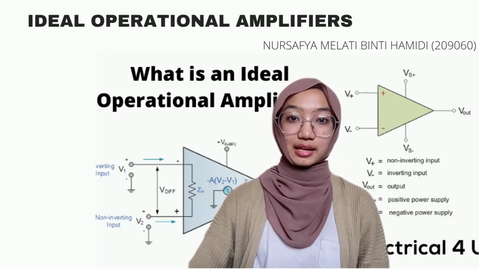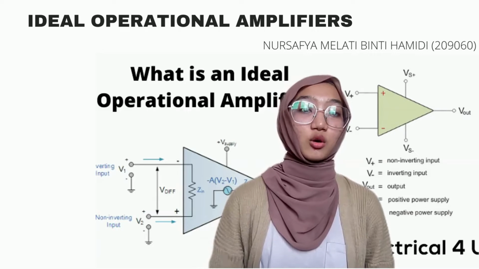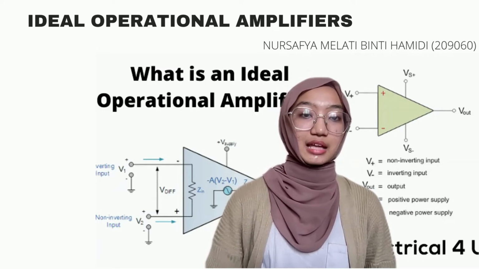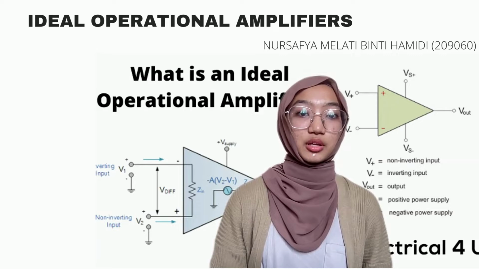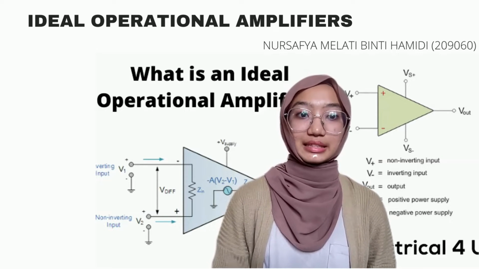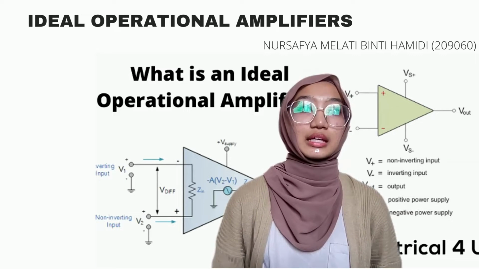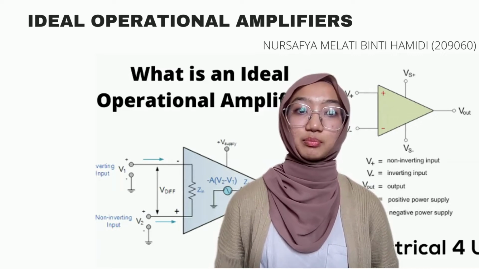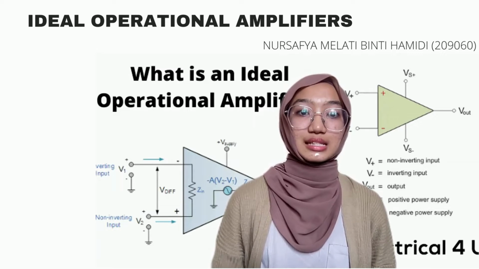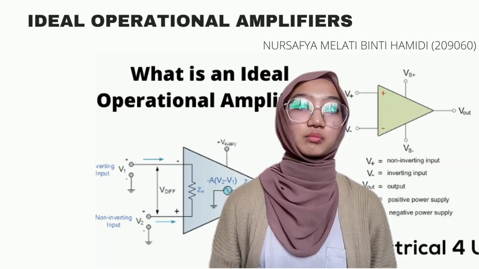So, what is an ideal operational amplifier? The ideal operational amplifier is an amplifier with infinite input impedance, infinite open loop gain, zero output impedance, infinite bandwidth, and zero noise. It has positive and negative inputs, which allow circuits that use feedback to achieve a wide range of functions.